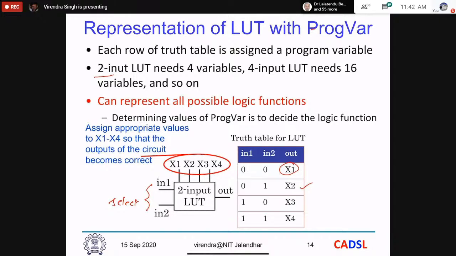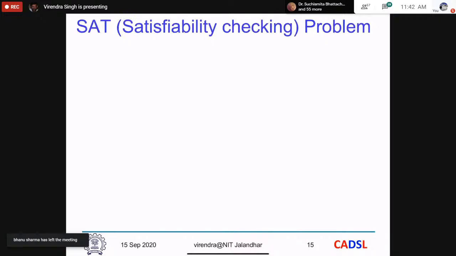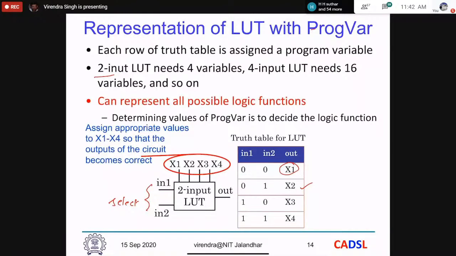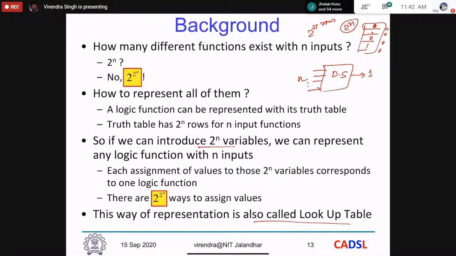So a two input LUT can represent all 16 possible functions. This is how I can represent these functions.